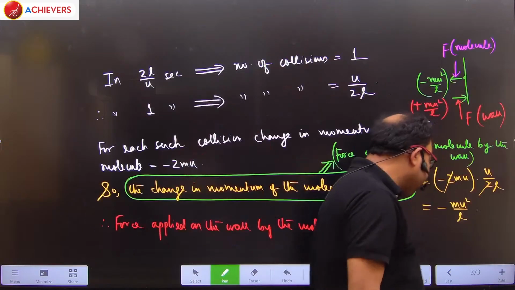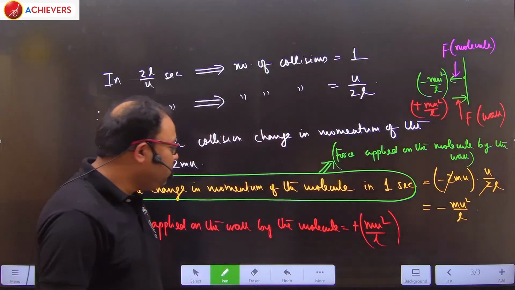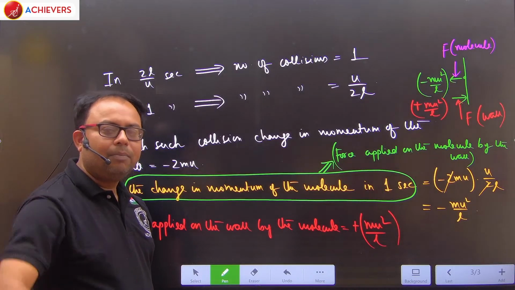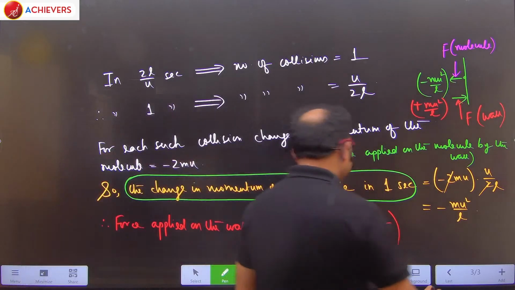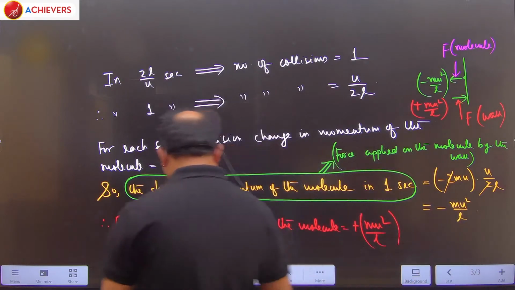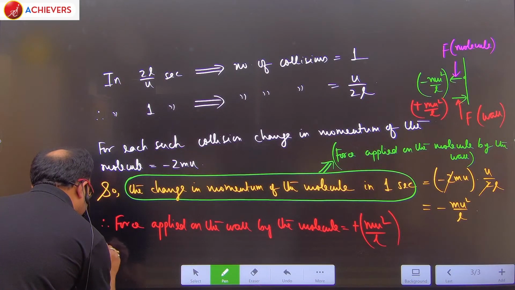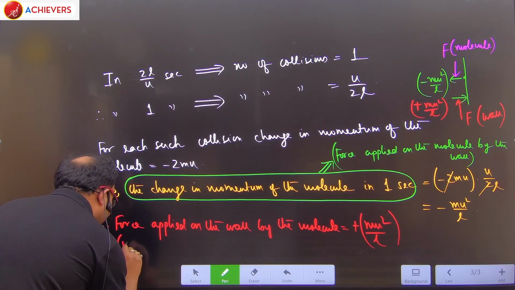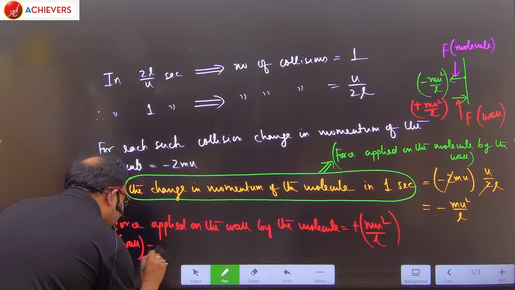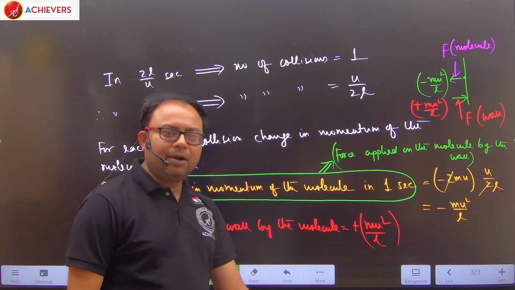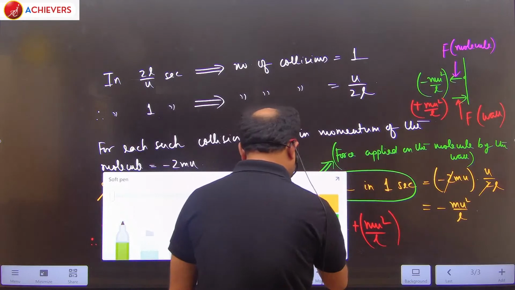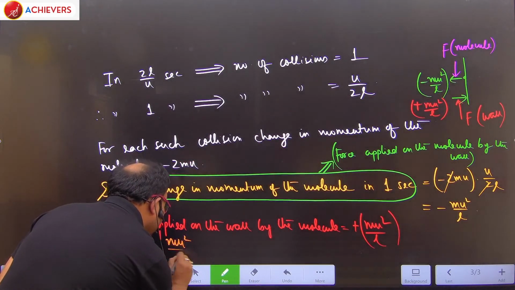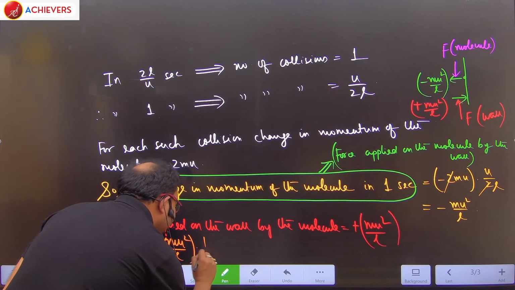The value of the force is mu square by L. So you need to divide mu square by L by the area. Pressure on the wall is equal to mu square by L divided by area.